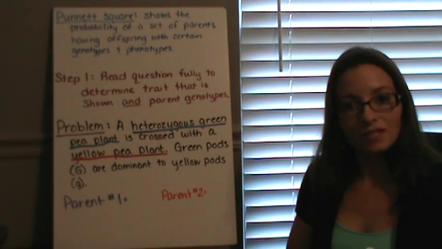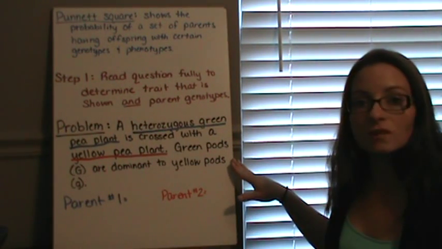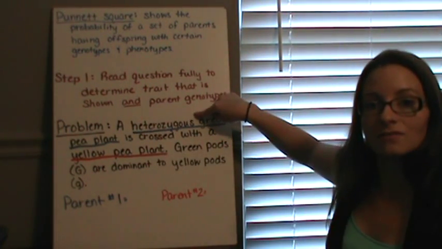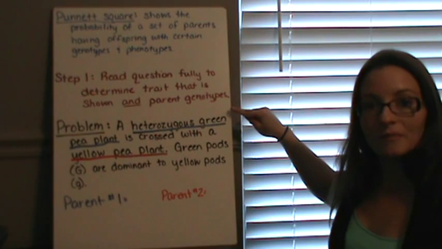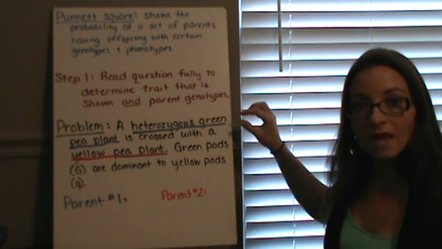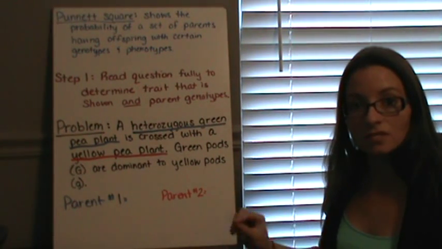I will also give you a hint here. If it doesn't give you the letters, if it doesn't tell you what's dominant and what's recessive, and it tells you that it is heterozygous green, remember, that has to be the dominant trait. Okay? Heterozygous always shows the dominant trait if we're talking dominant versus recessive.